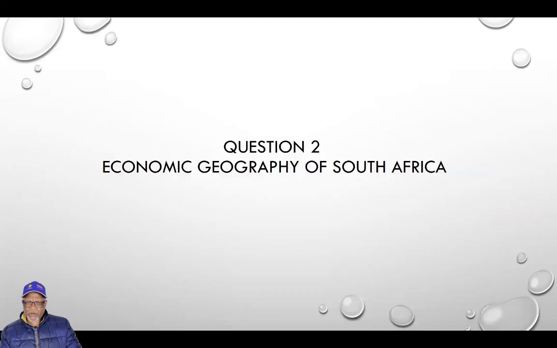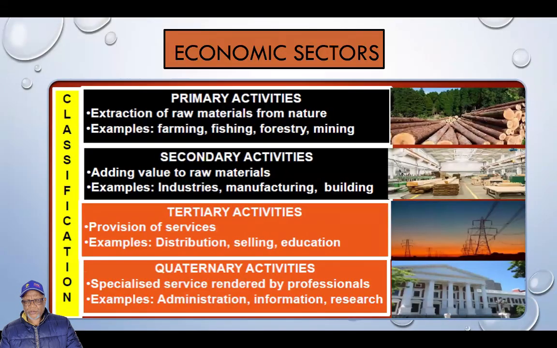Now let's go to our economic geography quickly, which is question 2. Economic sectors. We have 4 economic sectors. Number 1 is the primary sector, which is the extraction of raw material from nature. Examples are farming, fishing, forestry, mining, and hunting.